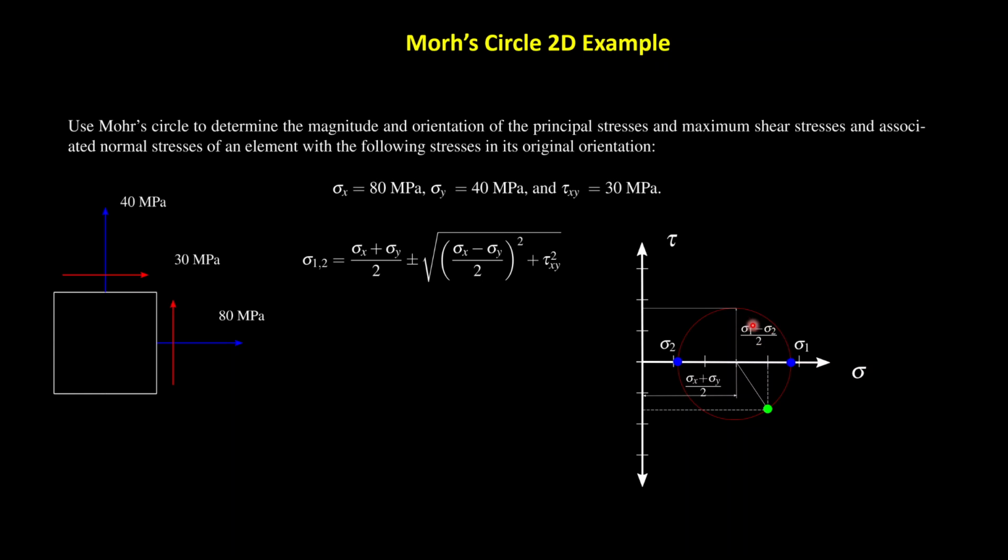The shear stress is represented by the radius of the circle, meaning that it is equivalent to this part here. Also, it is equivalent to subtracting the principal stresses and dividing them by 2.